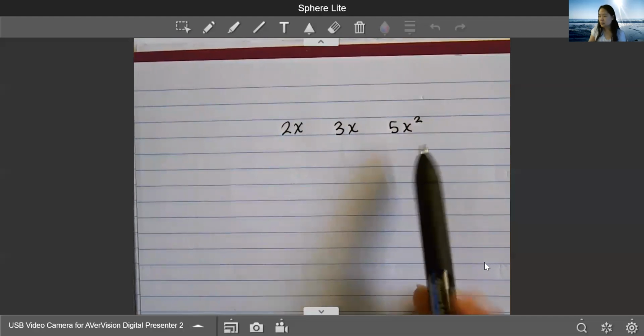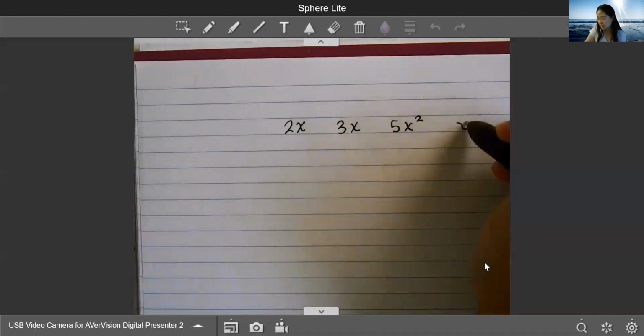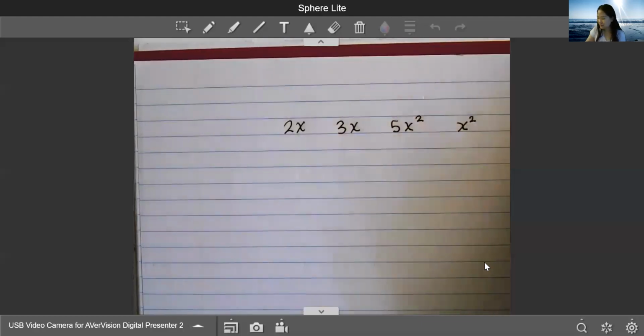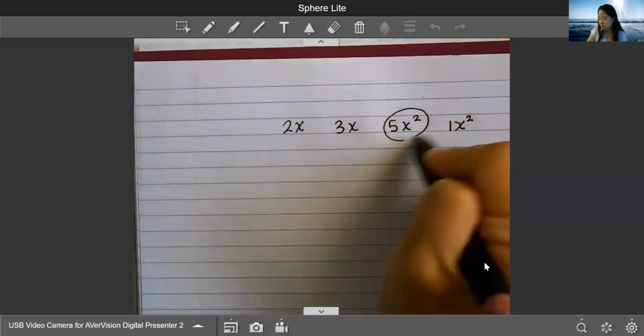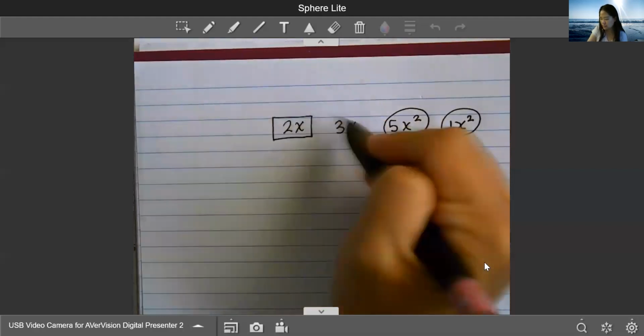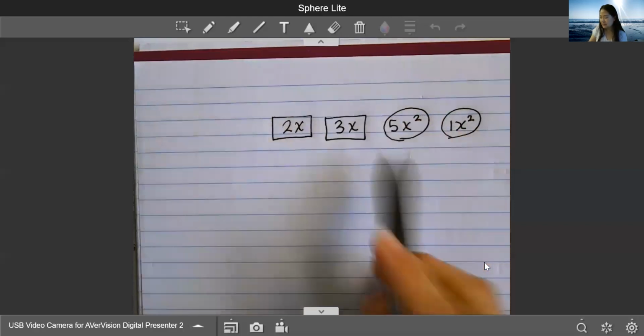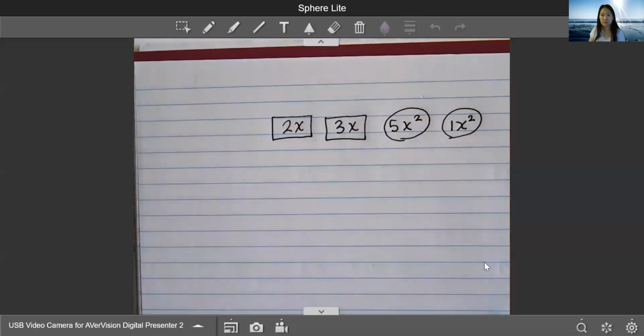Okay, so now I could have another one, 1x to the second power. Remember, x to the second power means the same as 1x to the second power. So in this case, these two are like terms, and these two are like terms. But these are not like terms. Not all of those are like terms, okay?